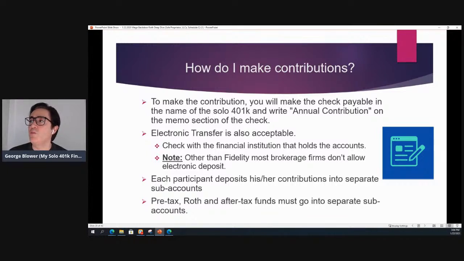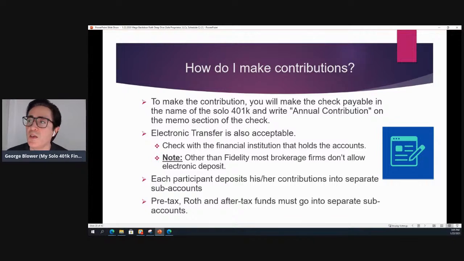How does a stock distribution from a stock option being exercised after that company was sold factor in? So I'm gathering that you're asking whether you could use a dividend paid on a stock as a basis to make a solo 401k contribution. So again, you've got to have earned income as a basis to make a solo 401k contribution. Dividends on stock are inherently investment income.